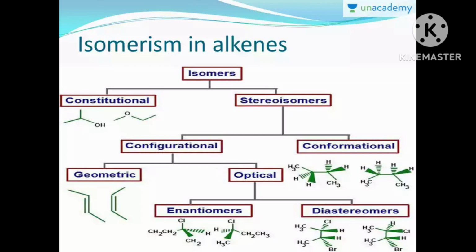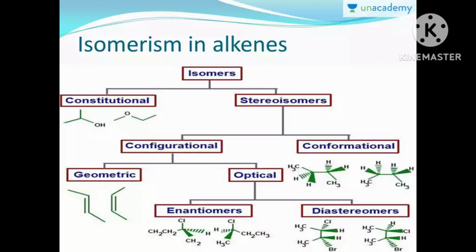Then after that, here you will see carbon number 4 has a double bond: 1, 2, 3, 4. Carbon number 4 has a double bond. And the total number of carbon is 10.